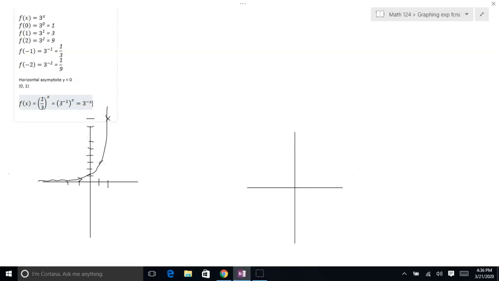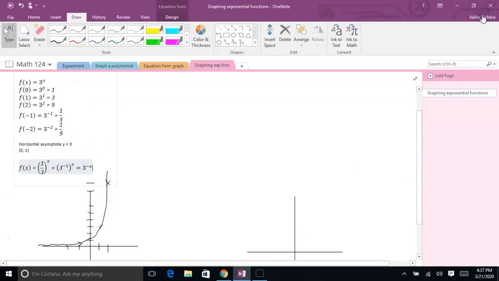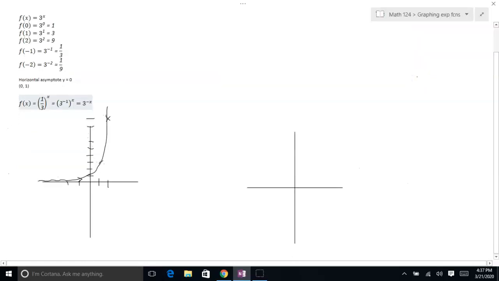But 3 to the negative x, well, that's just like 3 to the x, except I have that negative there. We know what that does to a graph. That causes a horizontal reflection, a left to right reflection. So this graph, I don't have to find any new points. It's going to be a horizontal reflection of the one that I already have. Instead of going up to the right, it's going to go up to the left.